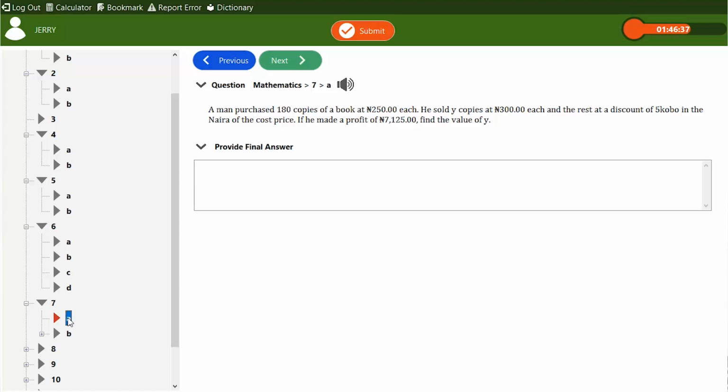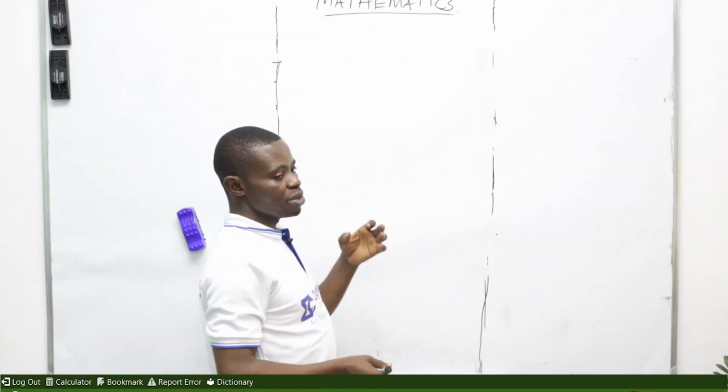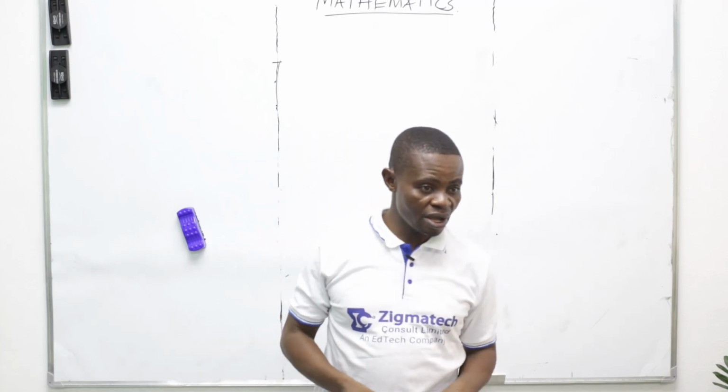Okay, this is business mathematics. We have that a man purchased 180 copies of a book at 250 naira. "At" means multiplication, be aware.